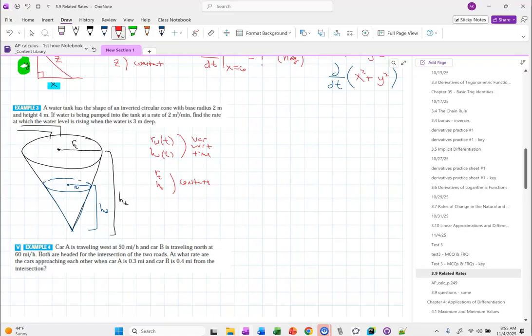Now there's one other variable, I suppose, rattling around here. Since you're talking about filling the container, volume would be the other variable that's probably rattling around in the background here. So again, the volume of water will be a variable. The volume of the tank, though, is just a constant.